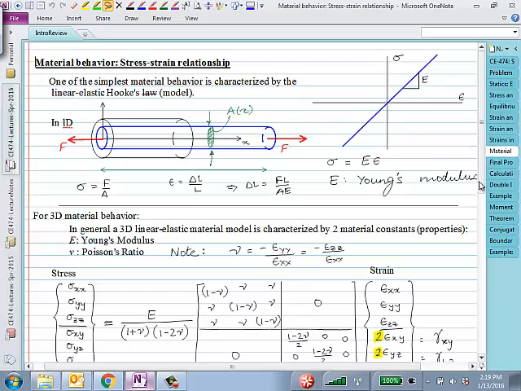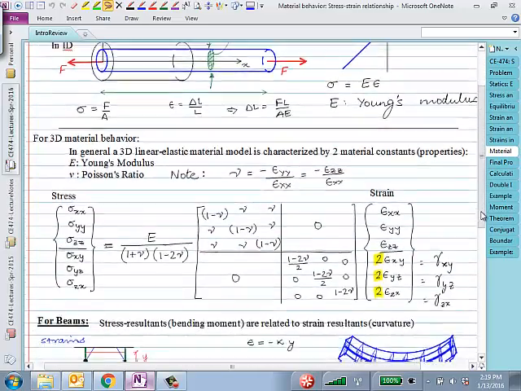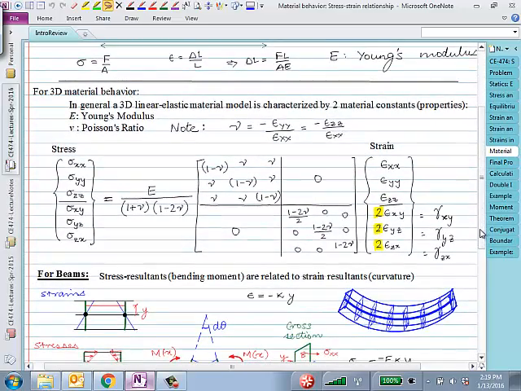So this is a very simple relationship for material properties. But like I said, in 3 dimensions, it's much more complicated, and we won't talk about that in too much detail.